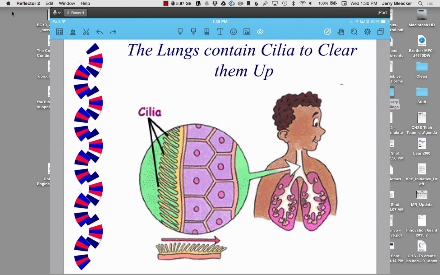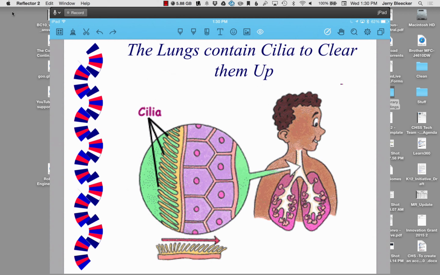Another point is that we have cilia in our lungs. Now, this is another reason not to smoke. These fine little hair-like structures beat upwards all the time, and they move mucus and trap particles like dust and germs up to the glottis area so that we cough them up and expel them from the body or swallow them, because our lungs are very delicate tissue, and an easy source of infection.